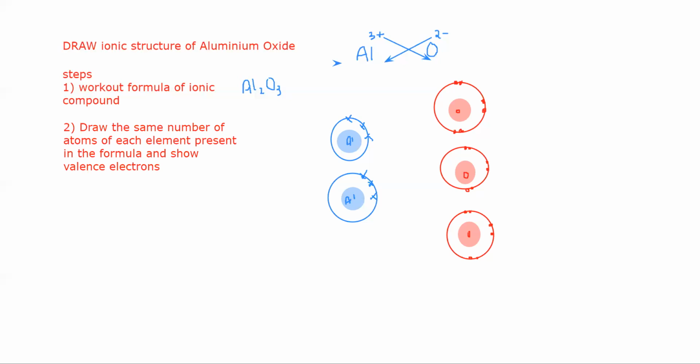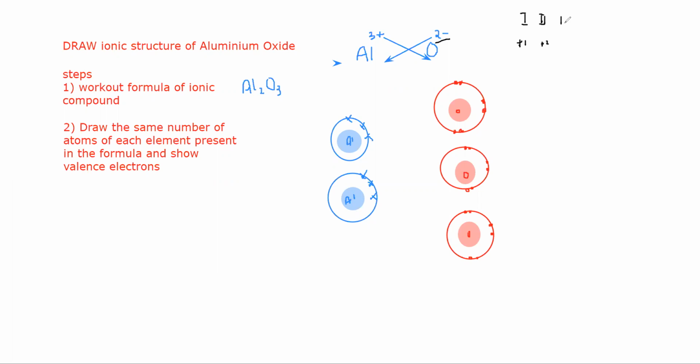Aluminium is in group 3 and oxygen is in group 6. Why is the valency -2? Because if you remember the groups, for metals the valencies are positive and for non-metals the valencies are negative. Group 1, the valency is +1. Group 2, +2.